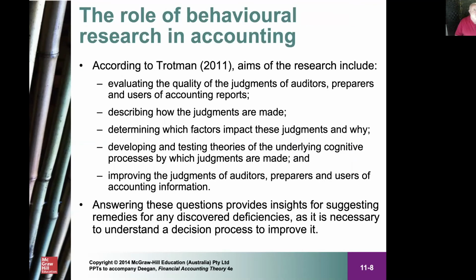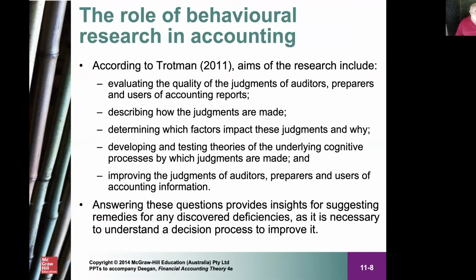So according to Trotman, it's about evaluating the quality of judgments of auditors, preparers, and users, how good their judgments are, understanding how judgments are made, determining which factors impact judgments, developing and testing theories of the processes. So how are judgments made? What mental processes do we go through? Improving the judgments of auditors, preparers, and users.